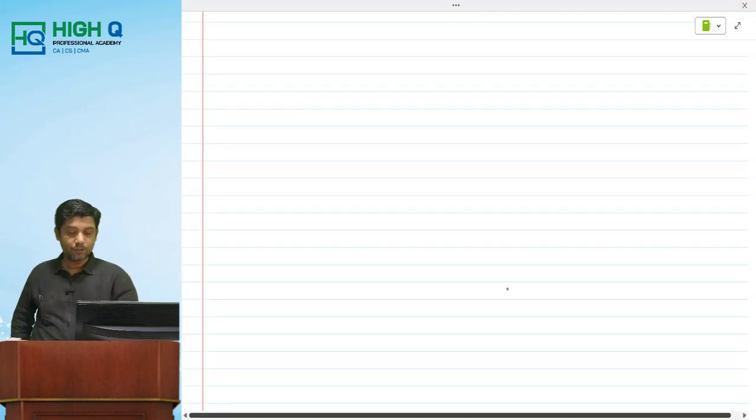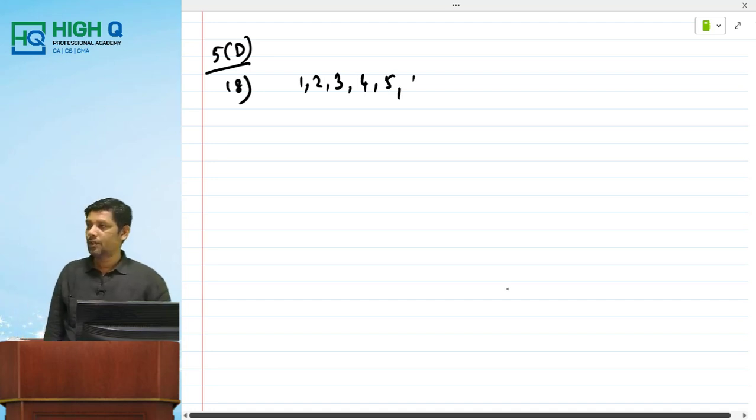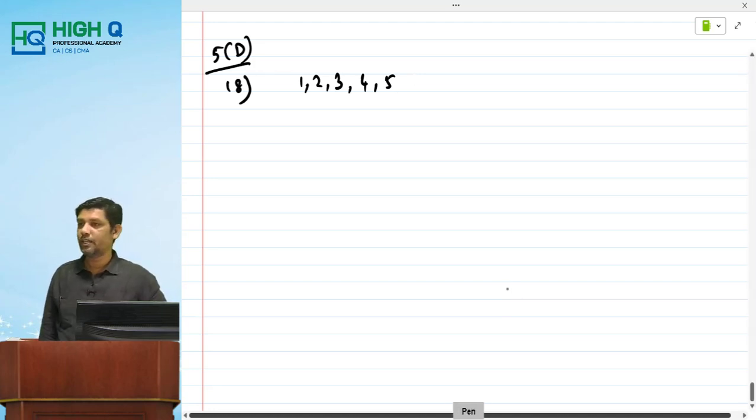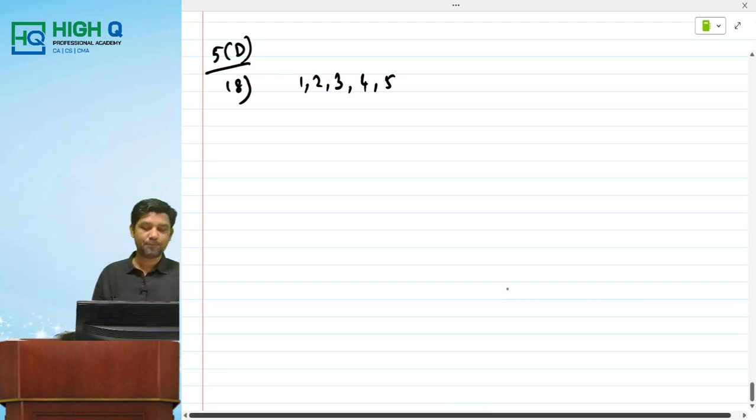Now, the digits are 1, 2, 3, 4, 5. Okay. So, is 0 included? 0 is not included. Repetition allowed? No, sir. Now, the number of digits. What is the condition?